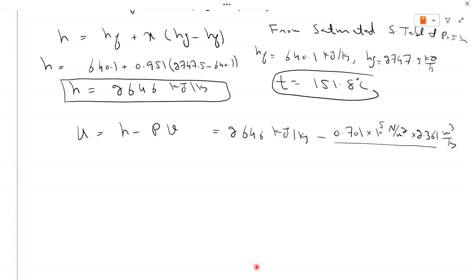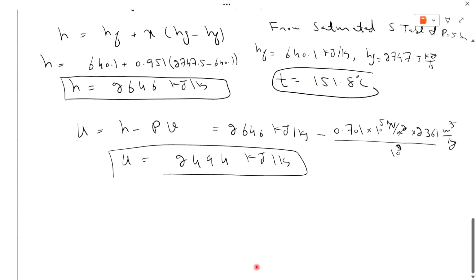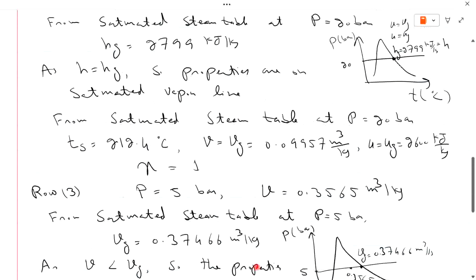If we calculate this, meter square will cancel with meter square, so this will be Newton meter per kilogram. Newton meter is equal to joule, so this is joule per kilogram, and we need kilojoule per kilogram. So convert this value to kilo by dividing by 10 power 3. So U will be equal to 2494 kilojoule per kg.